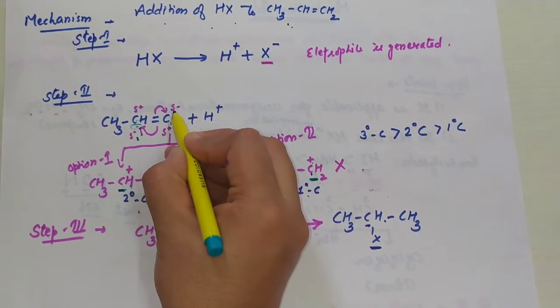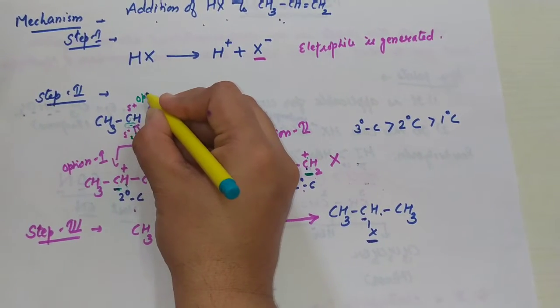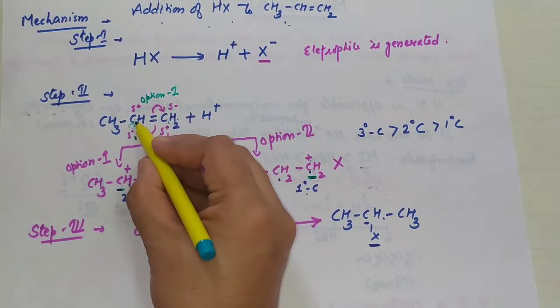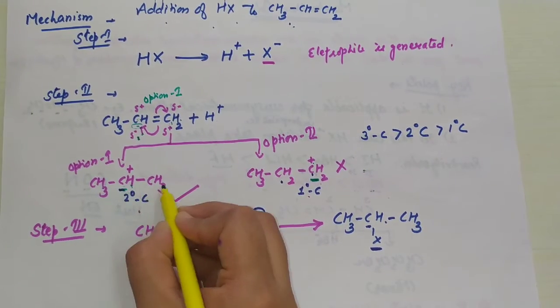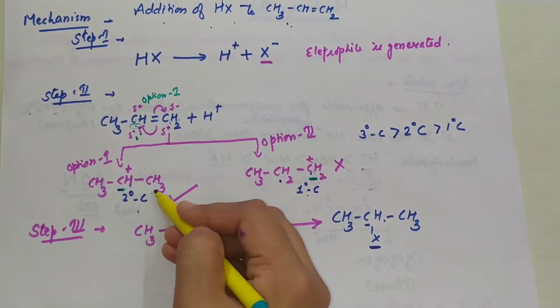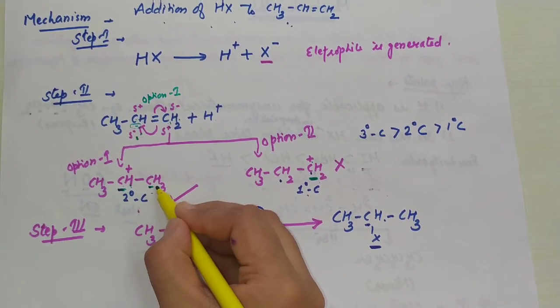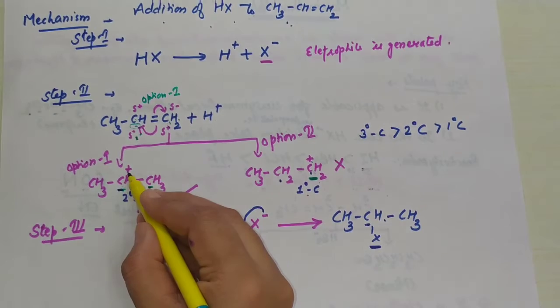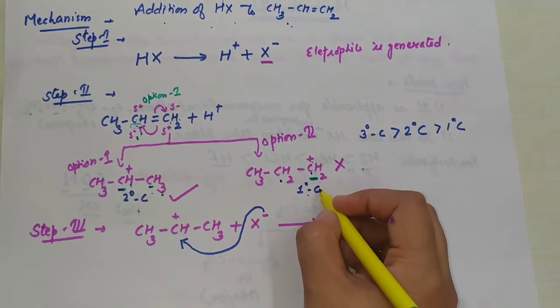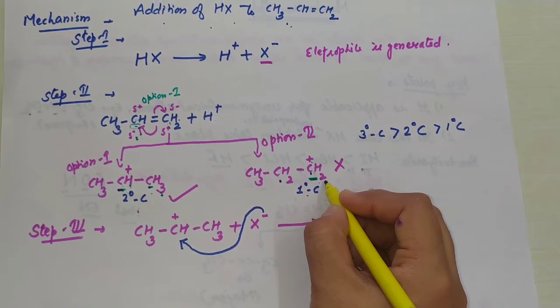Positive charge over here, negative charge over here. This is option 1. At option 1, positive charge here, so this is positive, and the negative one abstracts a proton at the terminal carbon. This carbon is terminal, so it will get the proton and there is a formation of a positive charge. So this is known as a 2 degree carbon. In the other case, there is a formation of a 1 degree carbon.